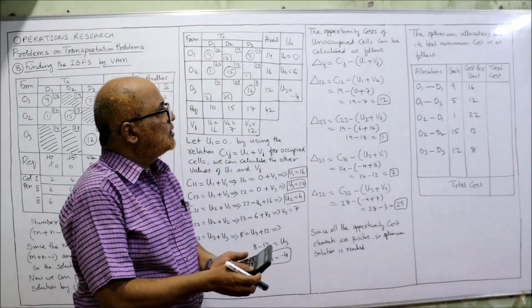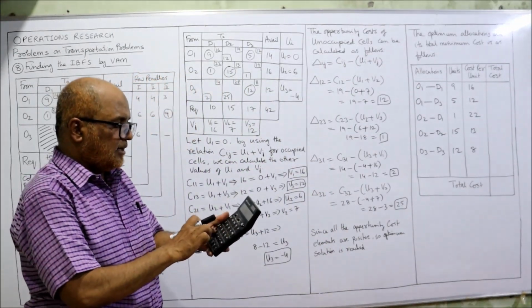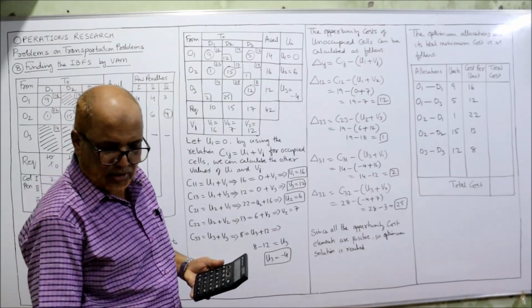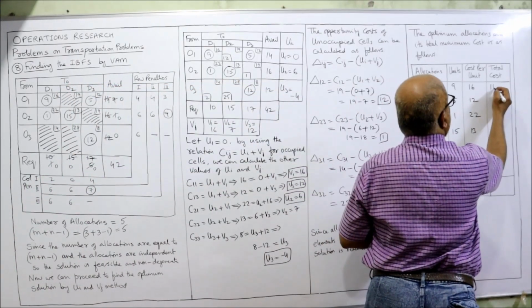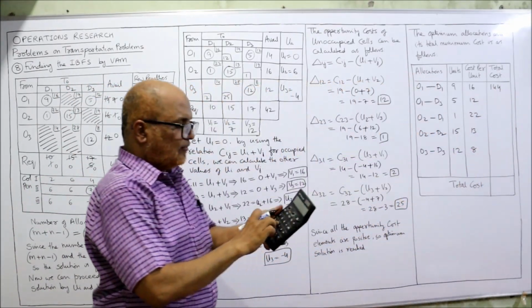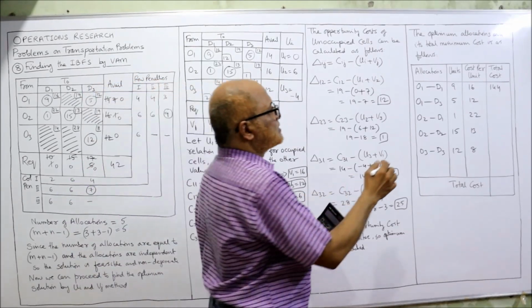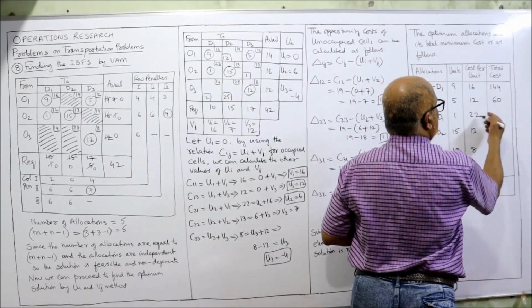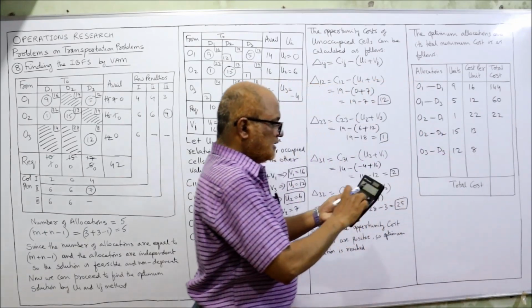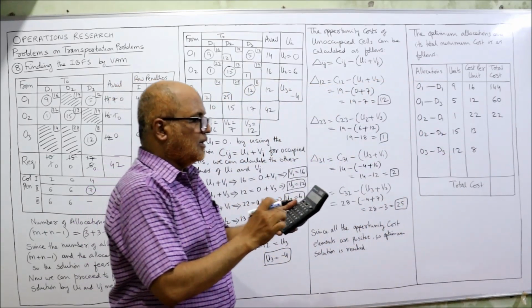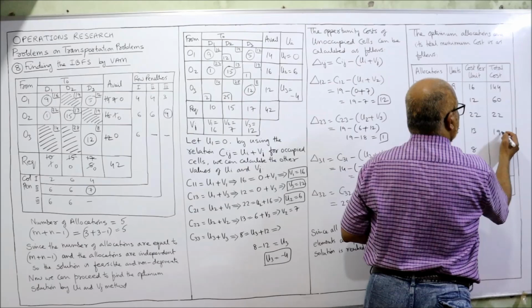Now we find out the cost. 9 into 16 is equal to 144. Then 5 into 12 comes to 60. 1 into 22, 22. 15 into 13 comes to 195.